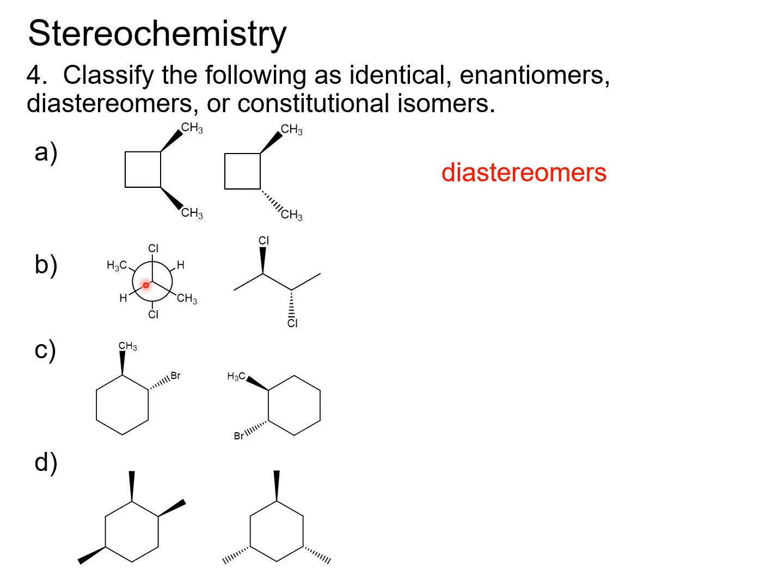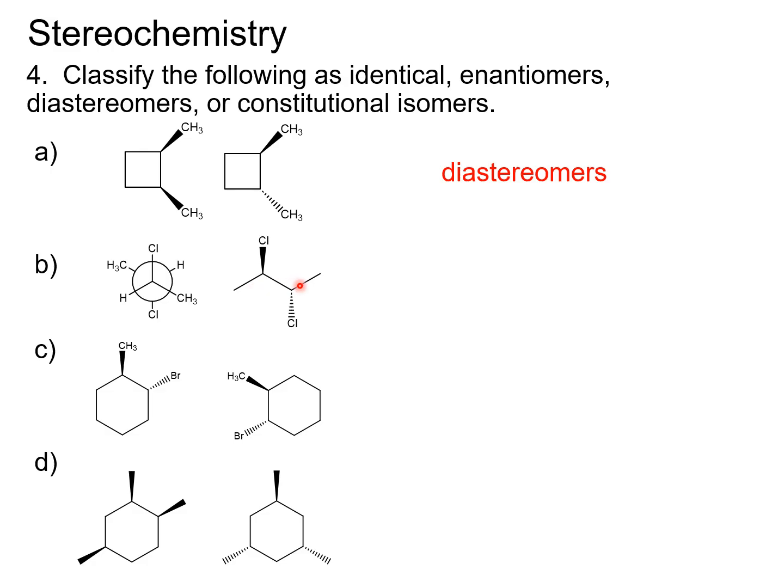But what I would do here is look at my anti-relationships. So my chlorines are in opposite directions. My hydrogens, opposite directions. Well, my hydrogen at this position is on a dash. My hydrogen at this position is on a wedge. My methyl groups are opposite each other, those are anti. My methyl groups should be going in opposite directions.